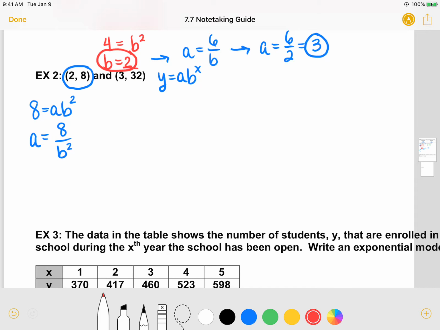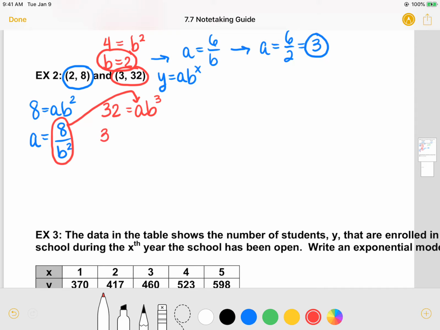Now we're going to grab our second point here and we're going to do the same thing. So we're going to let our y be 32, which is equal to ab to the third power when x is 3. And then we're going to grab that a and substitute it in for a.